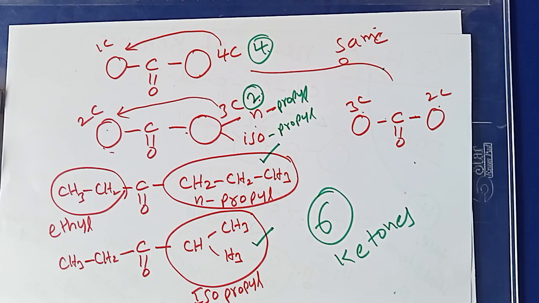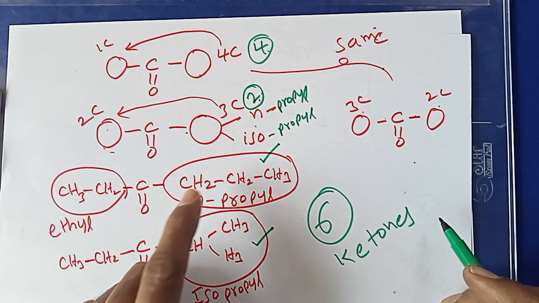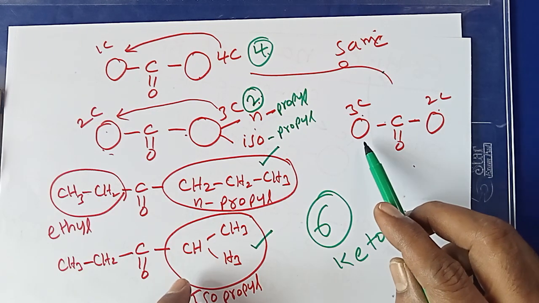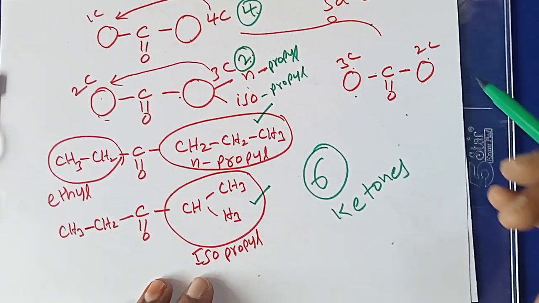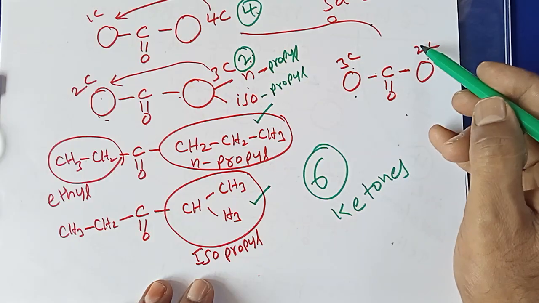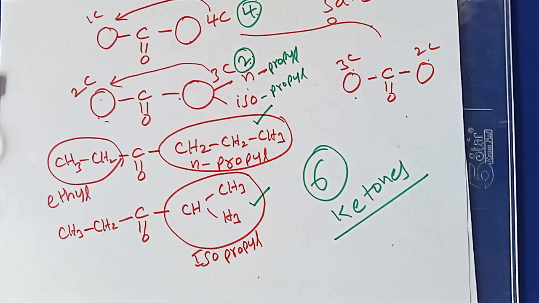So number of ketones for C6H12O. Next, N-propyl, isopropyl, 2. And here 3 carbons and 2 carbons, same. If you change 4 and 1, so how many ketones are possible? 6 ketones only.